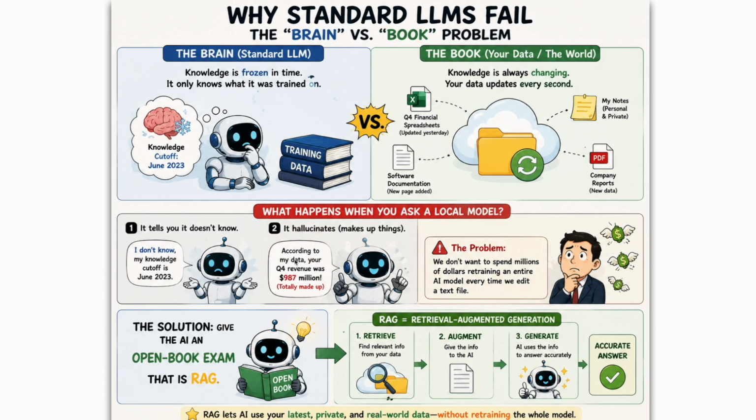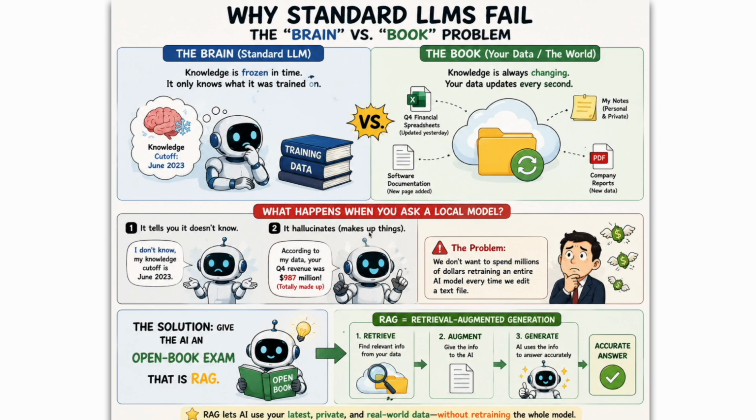Assume you ask any of these questions to an existing model, it might say, I don't know, my knowledge cutoff is June 2023, and it might hallucinate: according to my data, your Q4 revenue was $987 million. That might not be accurate because the financial data of a company normally belongs to that specific company and will not be uploaded publicly.